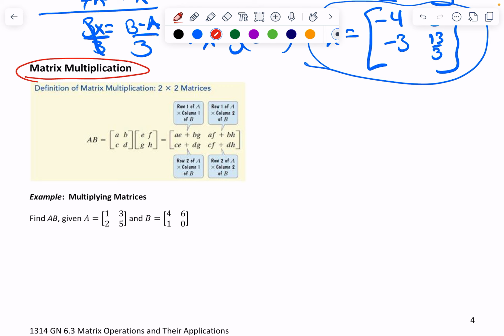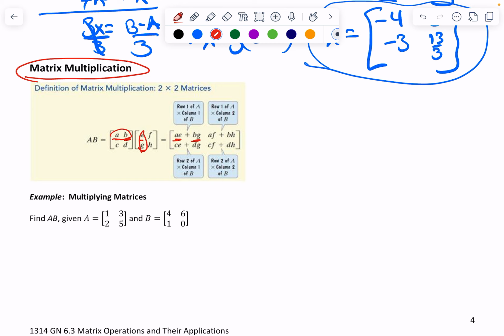Notice that when we are multiplying matrix A and matrix B, what we're doing here is taking row 1 of A and multiplying it by column 1 of B. So A times E plus B times G.